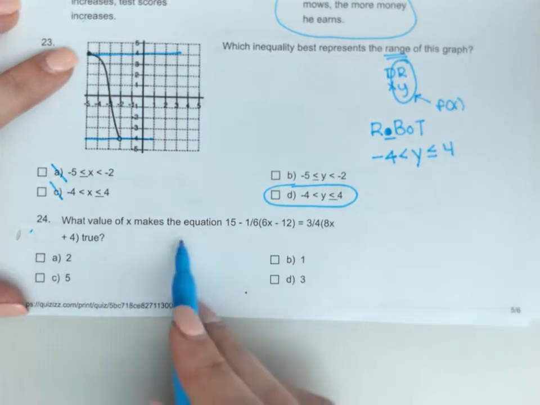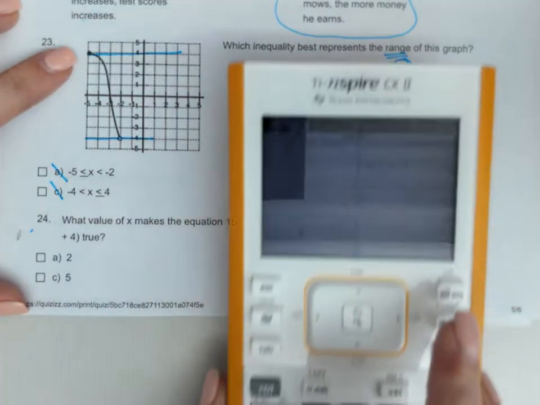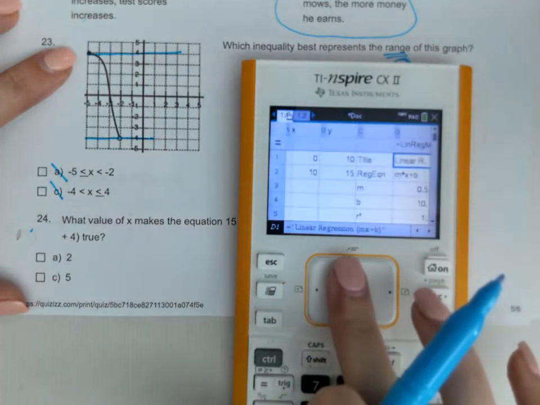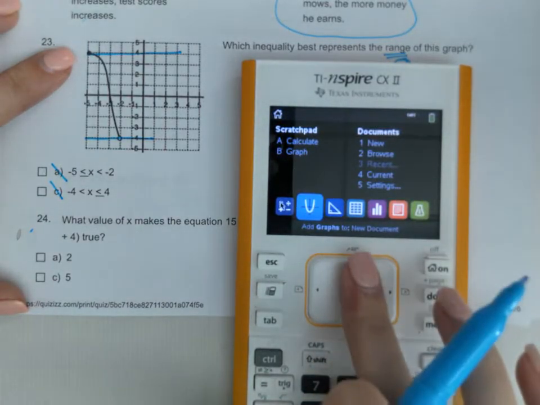What value of x makes this equation true? This only has one variable, so we need to go to our calculate screen.